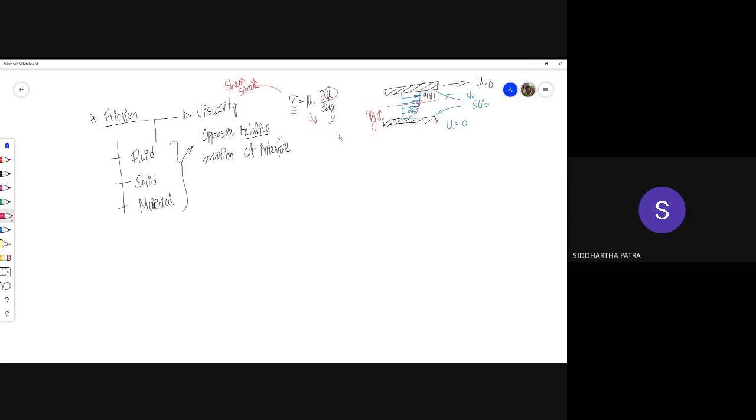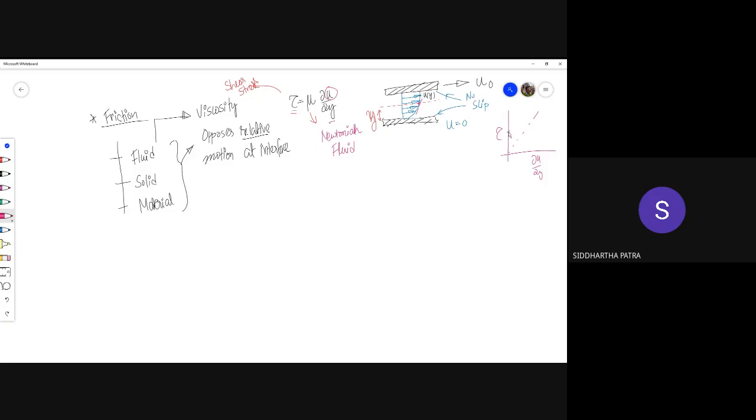Now this comes under the very limited category of Newtonian fluid. And there are a lot of non-Newtonian fluids, you must be familiar, where such linear relationship does not exist. Such linear relationship that goes past the origin is not the case all the time.